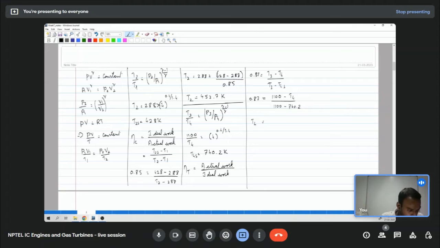So T4 can be calculated now, which is 1100 minus 0.87 into 1100 minus 740.2. So this is 786.97 Kelvin.